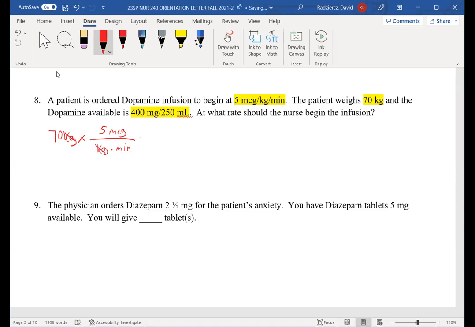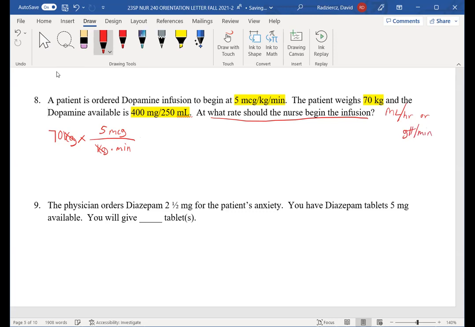Now, the question asks what rate the nurse should begin the infusion. You need to know what we're looking for, because that's going to be helpful. If it tells you rate, you know that you're looking for one of two things: milliliters per hour or drops per minute.